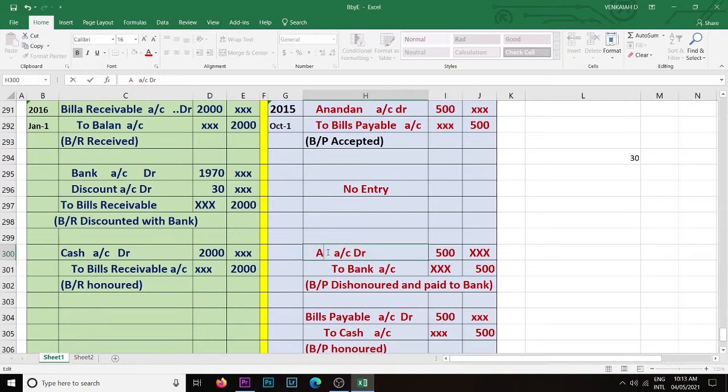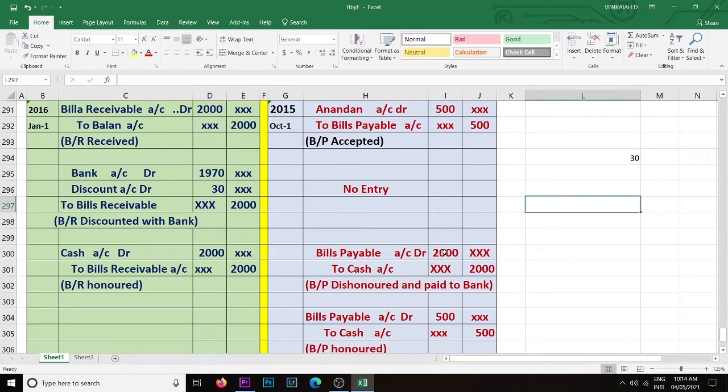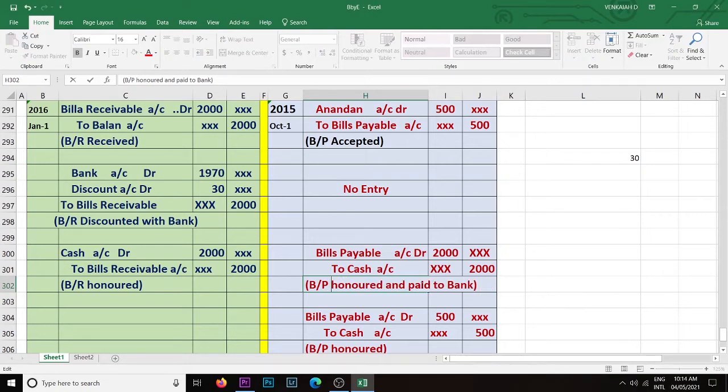Bills payable account debit in the books of Balan to cash account. Okay, so according to point A, transactions are over. Bill drawn, discounted, P by P, honored, and amount paid on due date. Now point number B, we have to discuss. This is A.